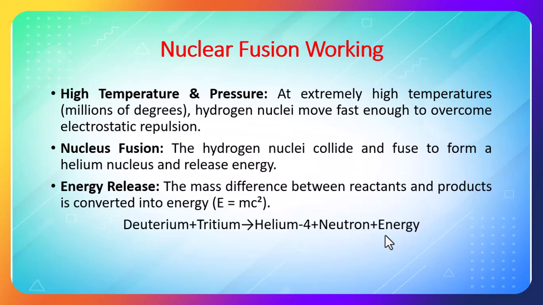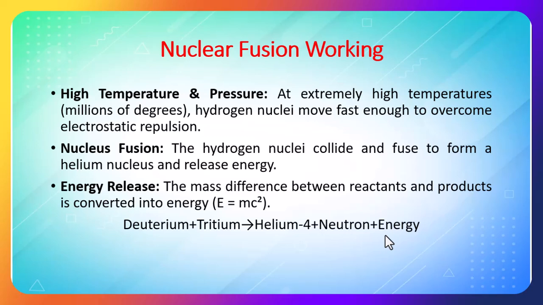Extremely high temperature is required for hydrogen nuclei to move fast enough to overcome electrostatic repulsion. Once that happens with the help of high temperature and pressure, nuclear fusion will start. Hydrogen nuclei collide and fuse to form a helium nucleus and release energy.